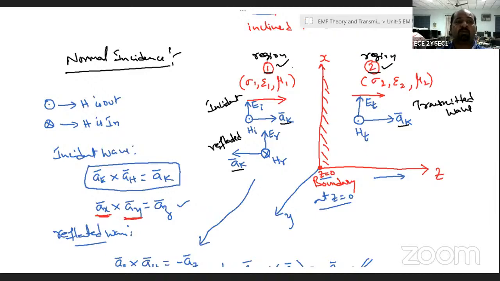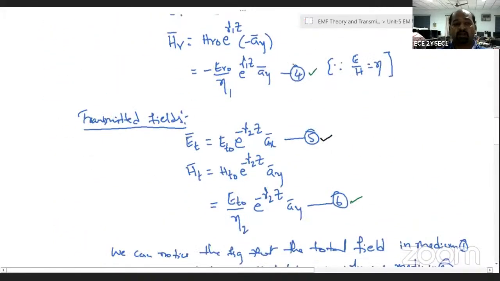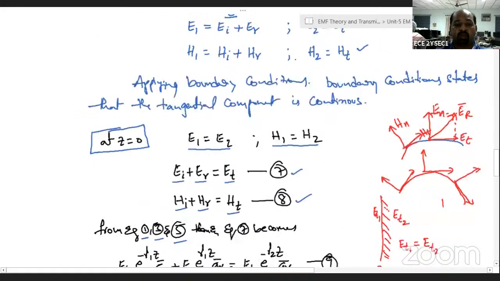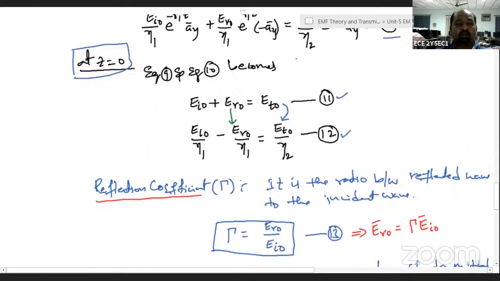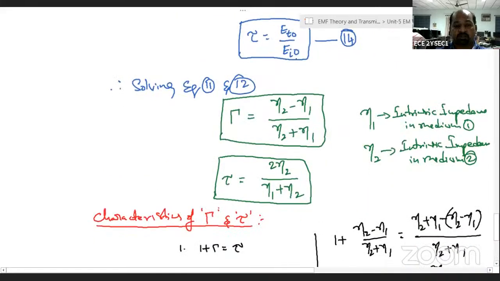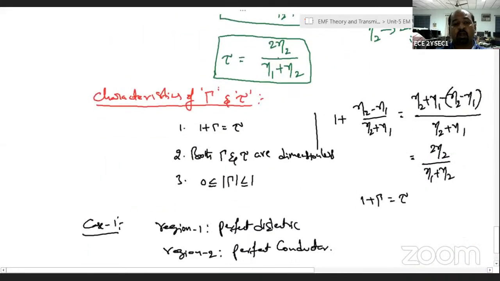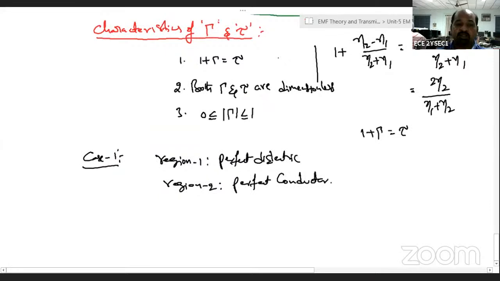So irrespective of the region, we have determined the expressions for reflection coefficient and transmission coefficient, right? So now let us assume that region 1 is a perfect dielectric and region 2 is a perfect conductor, right?